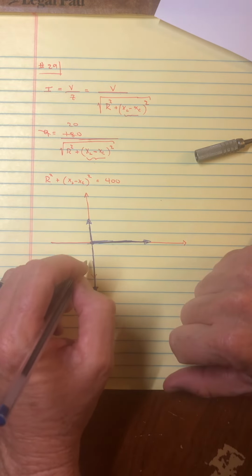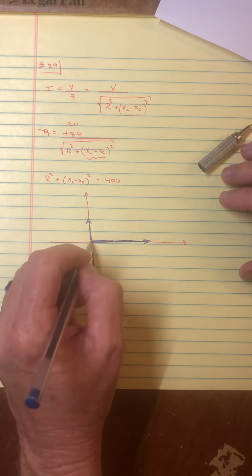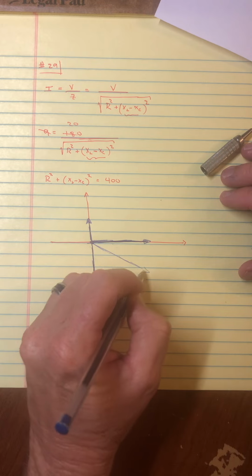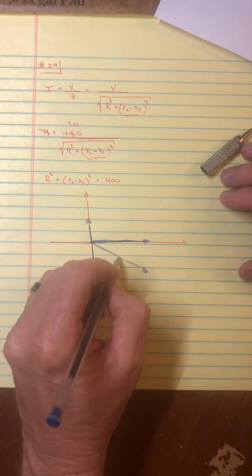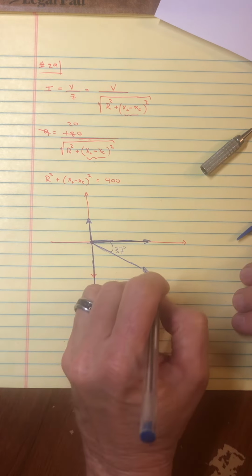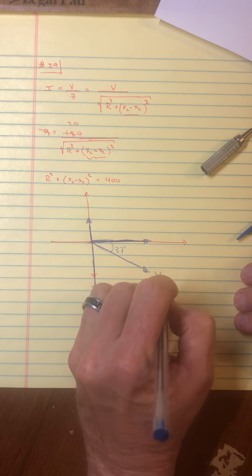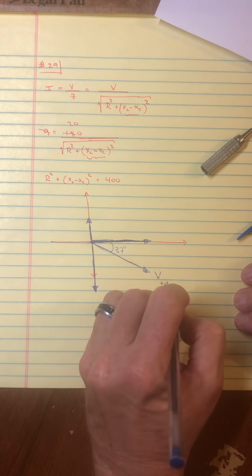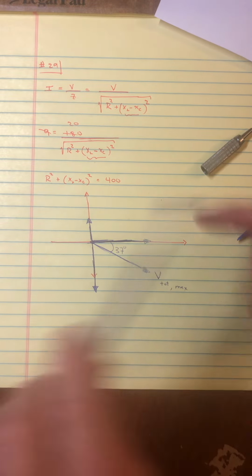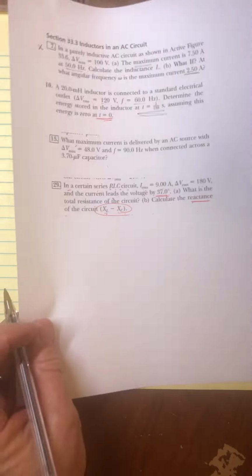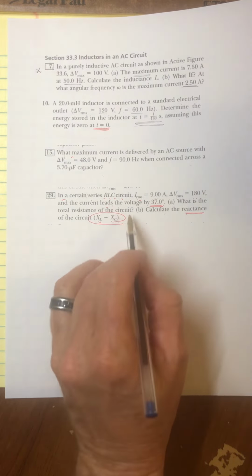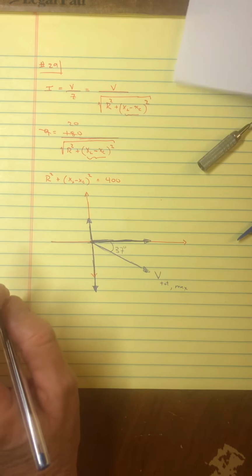It's going to be a little bit bigger in its voltage because the result is angled 37 degrees. And in my picture, I'm going to put the voltage total, maybe we'll even call it max, at 37 degrees behind the current. Because again, they make it very clear, the current leads the voltage by 37 degrees.